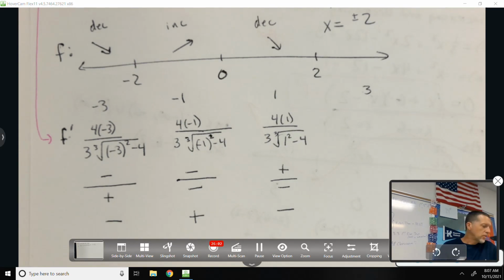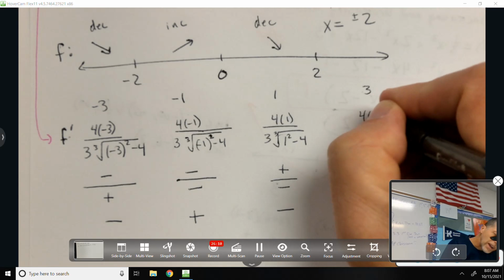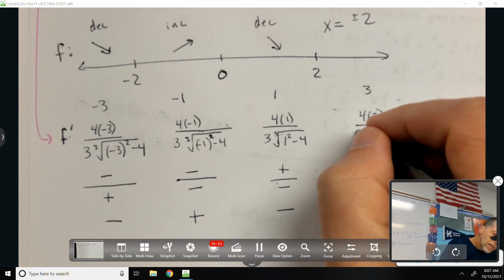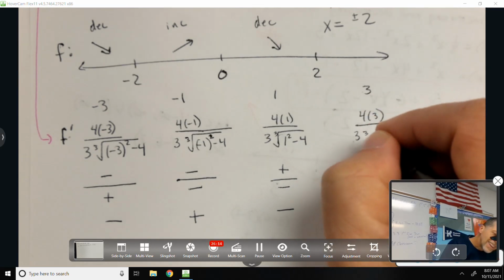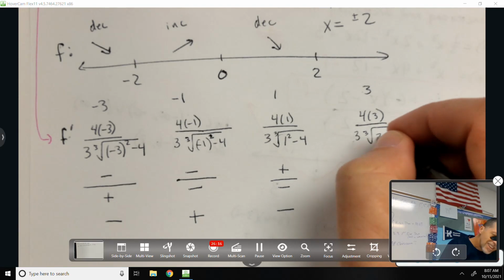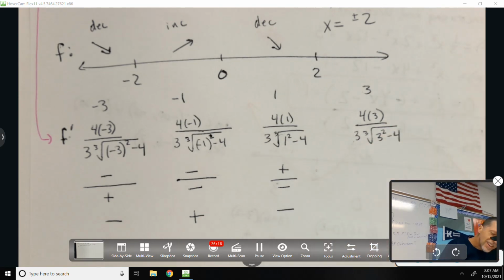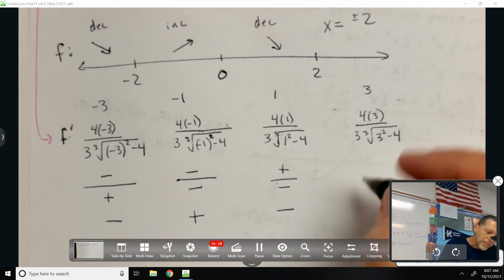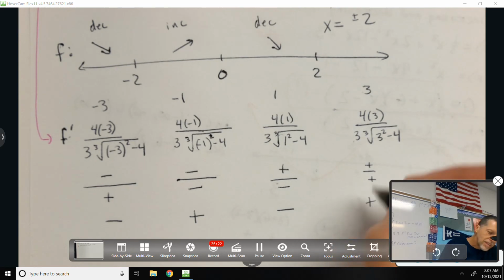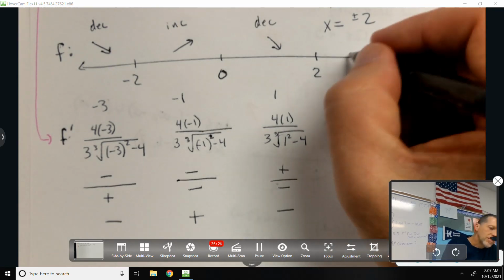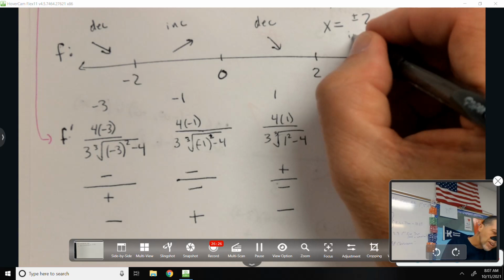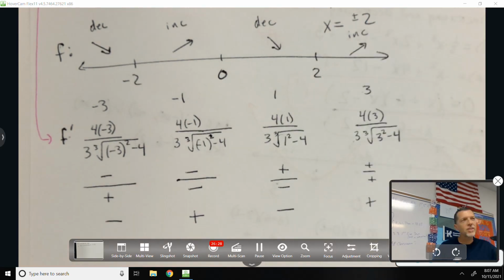Based on patterns in all of the problems that we've done, you want to guess what the last interval is doing? Positive, but let's make sure you're right. Everything's positive, so yeah, it's positive. f prime is positive, that means f is increasing. Again, be careful, don't just say it's positive or it's decreasing. You have to be specific.